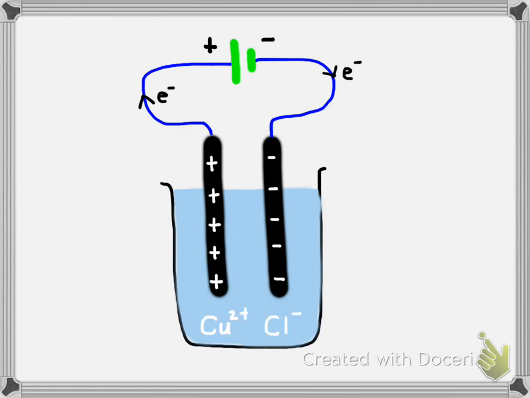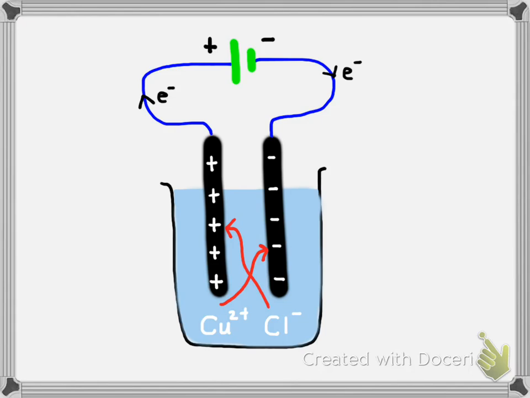If we now consider our electrolyte, we have Cu2+ ions and Cl- ions in solution. The electrostatic force of attraction between opposite charges means our Cu2+ ions are attracted across to the negative electrode, and our Cl- ions are attracted to the positive electrode.